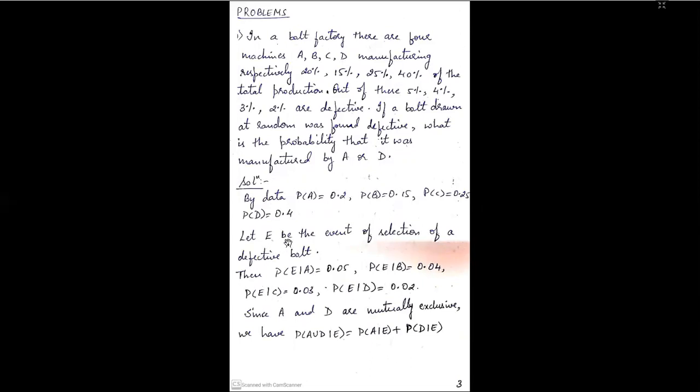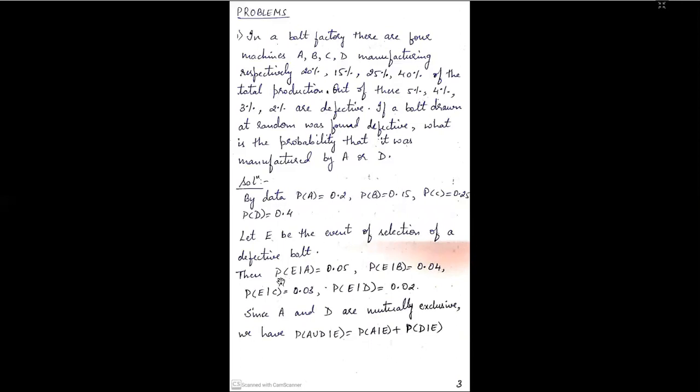This is E. Now it is also given that if a bolt is defective, then from which machine the defective bolt comes, we can find, as the probability is already given. So out of the total production, you have these percentages to be defective from these machines.